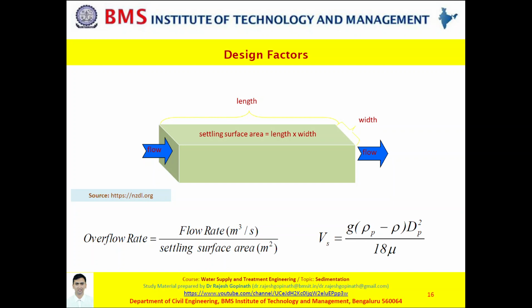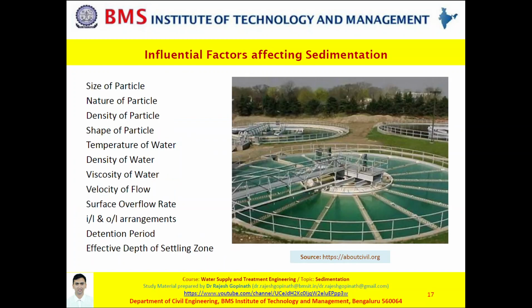Okay, moving forward, let us go on to the influential parameters for the sedimentation tank in slide 17. Now, please just have a look at the list of parameters or factors that I have mentioned on the left hand side.